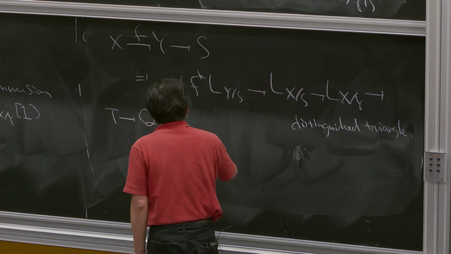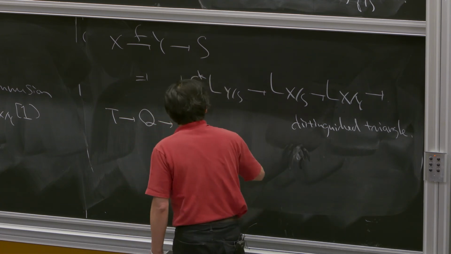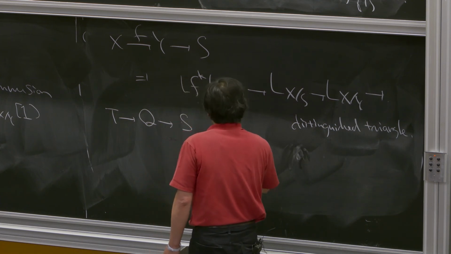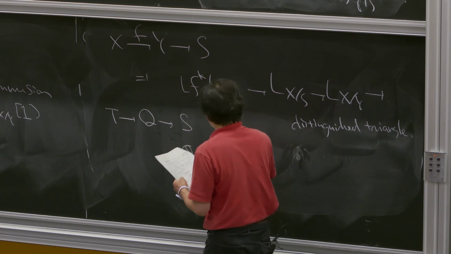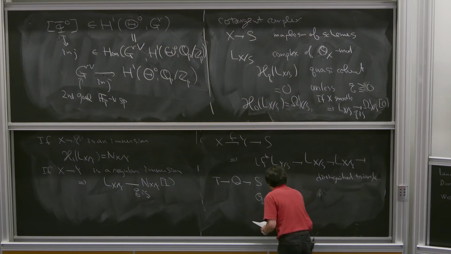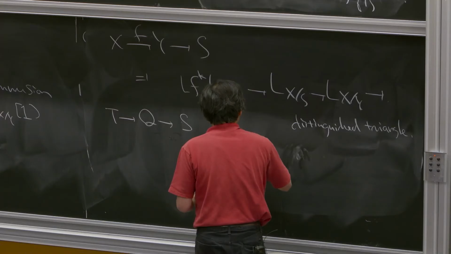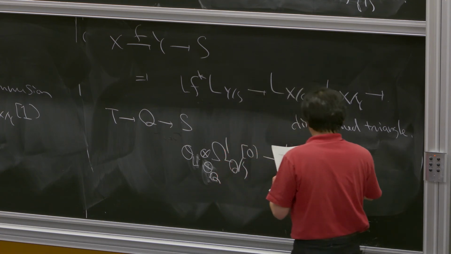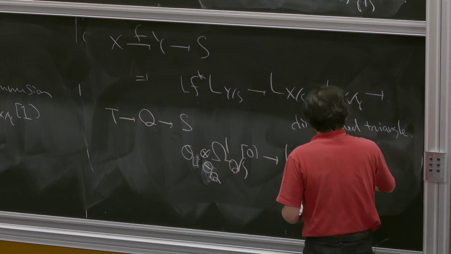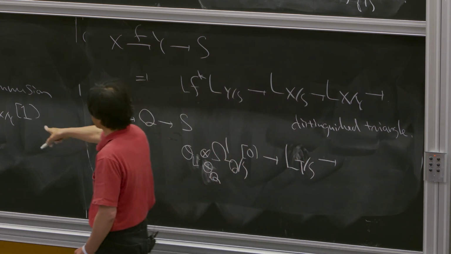Then the first one is just what you take, and here omega 1. The first one is smooth, so you can forget the derived thing, and this is just a tensor product. Then we have the cotangent complex of T over S. And the map here is a regular immersion, so we can apply this one.